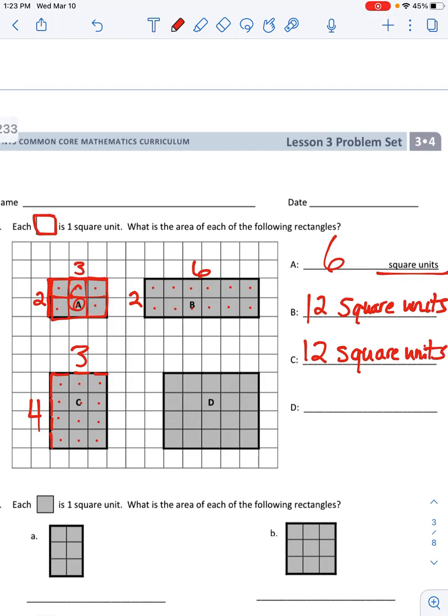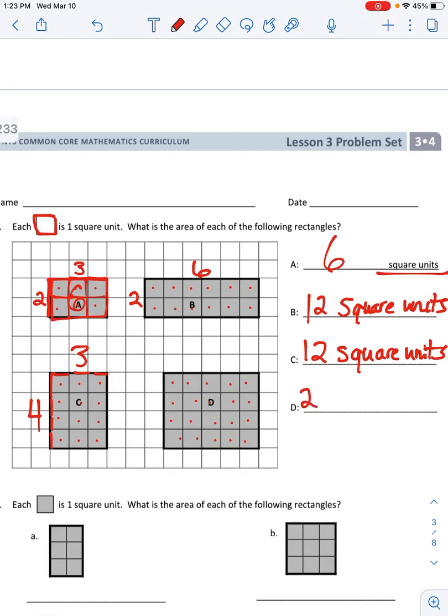I'm just counting the squares or using my multiplication to help me. Letter D. I can see that this is way more squares, so I can count them one by one, but it also might be a good time to start thinking about using my facts. So 1, 2, 3, 4, 5, 6, 7, 8, 9, 10, 11, 12, 13, 14, 15, 16, 17, 18, 19, 20.